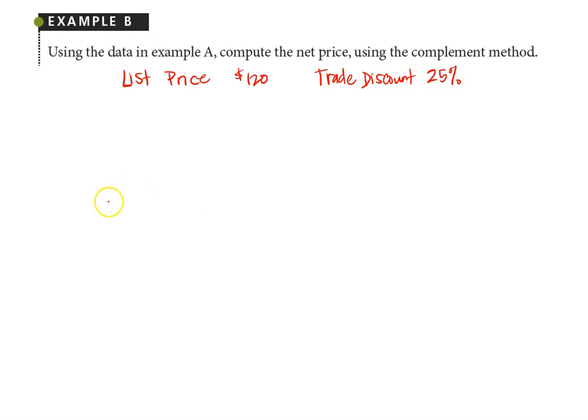The first step, if you recall, is to find the complement rate. The complement rate is always going to be 100% minus the trade discount, 25% in this case. So this gives me a complement rate of 75%.